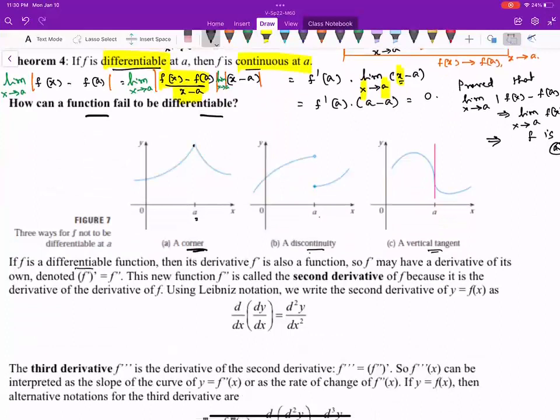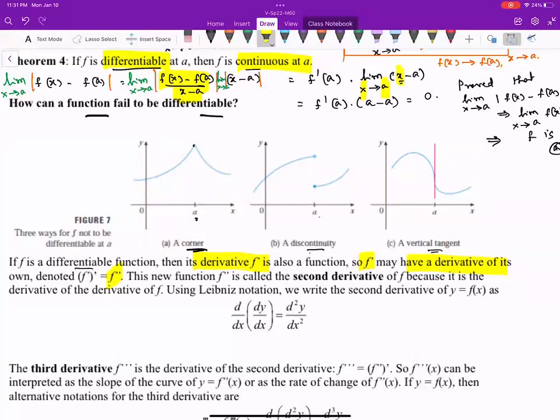If f is a differentiable function, then its derivative f prime is also a function. We saw that the derivative can be considered as a function. So f prime may have a derivative of its own, denoted by f double prime, the second derivative.